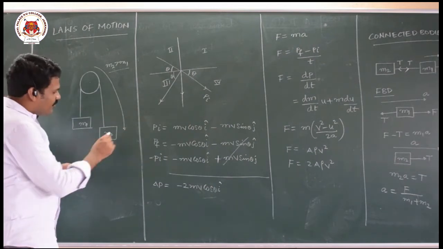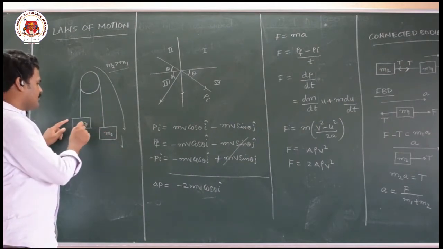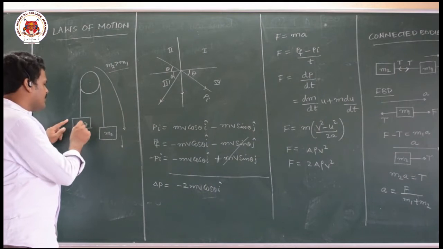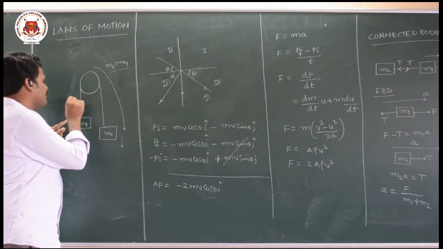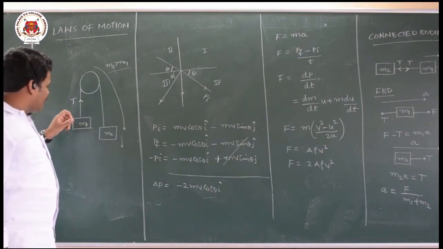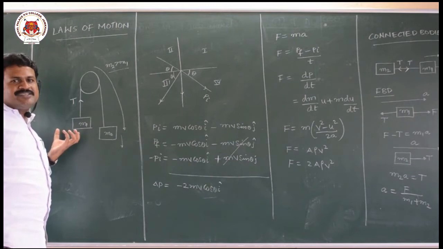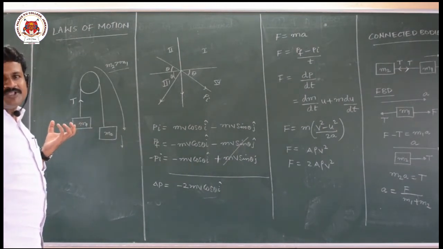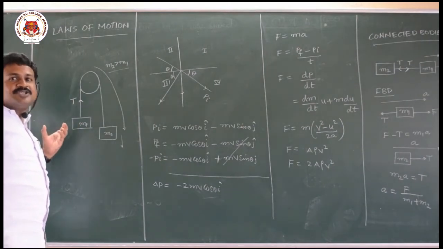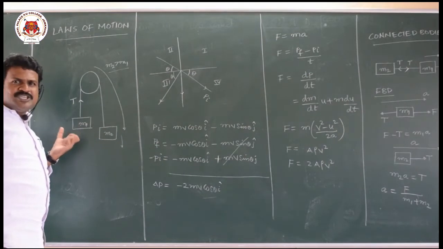When m2 moves down, it is attached to m1, so tension T will pull m1. Similarly, m1 opposes its movement because it has inertia. Inertia is the inherent property of a body by virtue of which it opposes the change in its state of rest or of uniform motion.